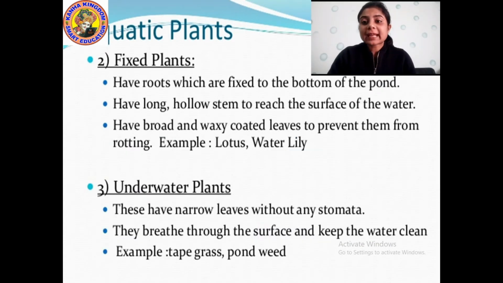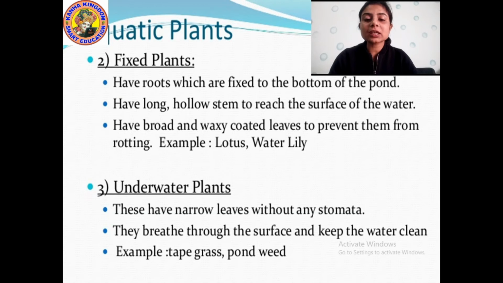the next example of aquatic plant is fixed plant. Fixed plant means the roots of these plants are fixed inside the pond, to the bottom of the pond. They have long hollow stems to reach the surface of the water.